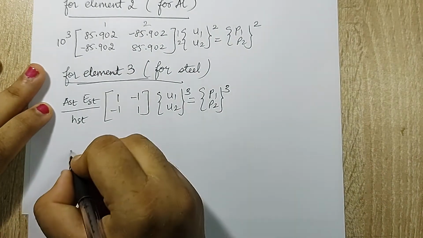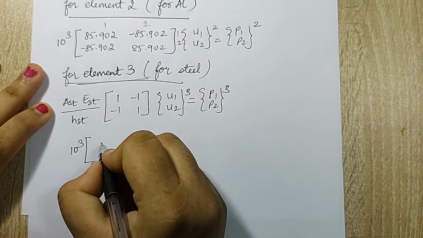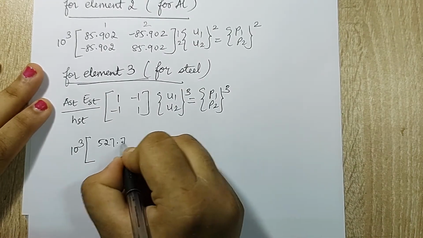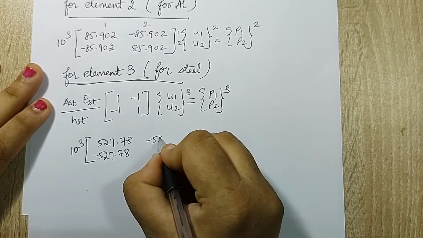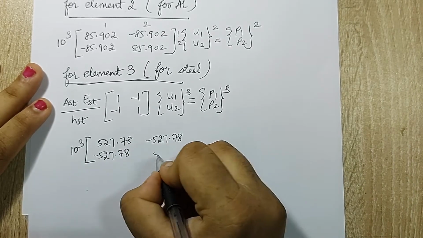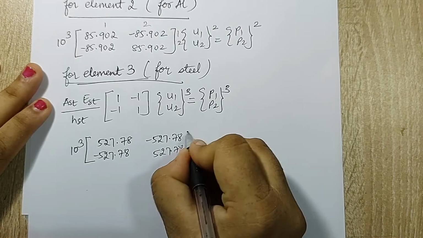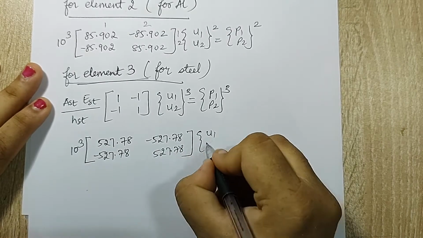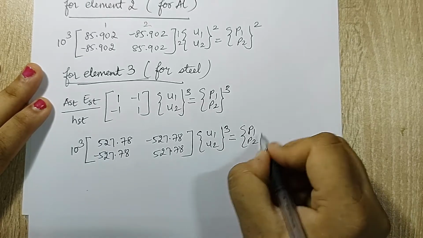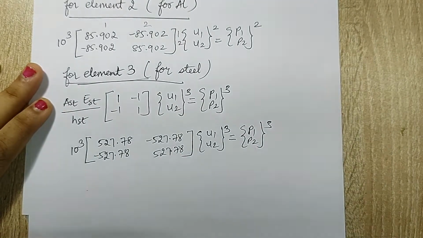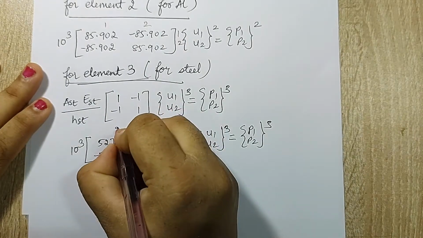On calculation, I get this value as 10 raised to 3 comma 527.78. Element 3 is between node 2, 3.